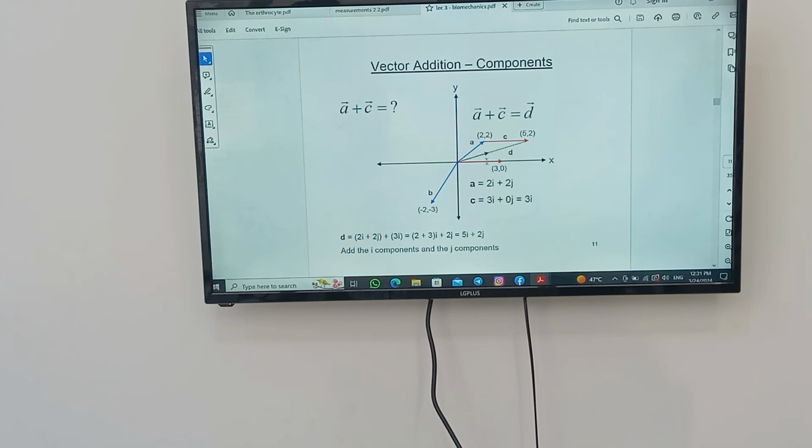We distribute the brackets to take out what's in common, which is the i, and sum them up. 2 plus 3 equals 5i, and the odd one out is 2j. We keep the form like this because we have different units, i and j, so it stays in the 5i plus 2j form.